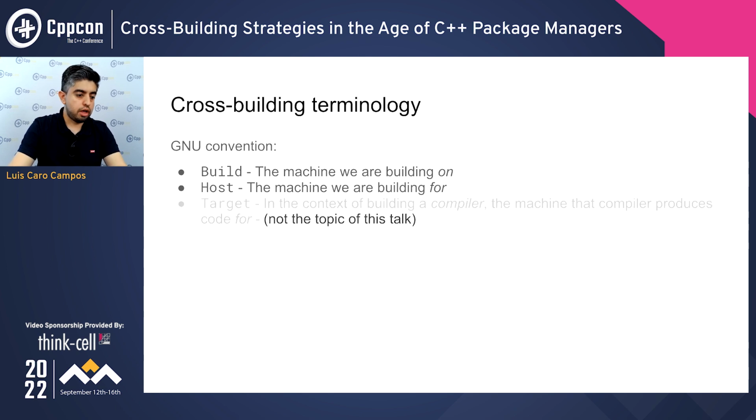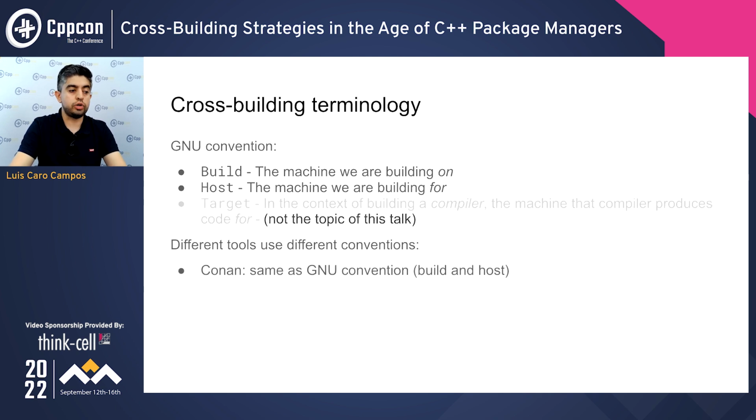What I want to mention in particular is that different tools in the C++ world use different terminology. Conan has chosen to use exactly the same terminology as the GNU convention: build for the machine doing the build, and host for the machine we're targeting. vcpkg, on the other hand, uses host for the machine we're building on, and target for the machine we're building for, which is similar to what CMake does.